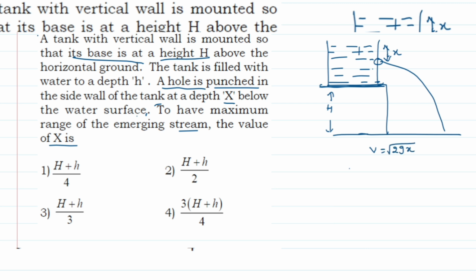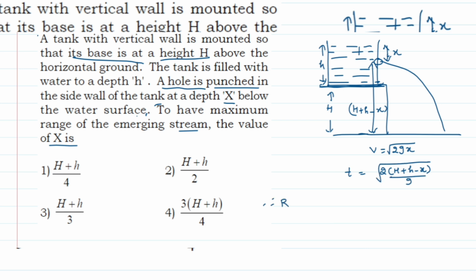Now time of descent t, in what time interval it's falling down: this is the height we required, which is capital H plus small h minus x. The time value will be 2 into square root of (H plus h minus x) by g. This is the time of descent you will be getting.